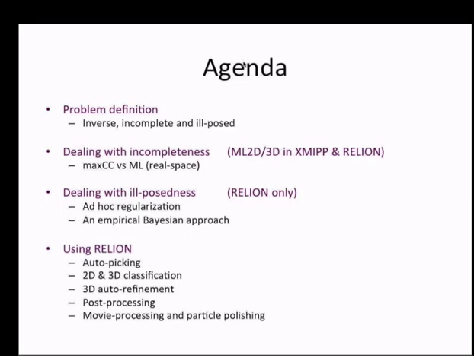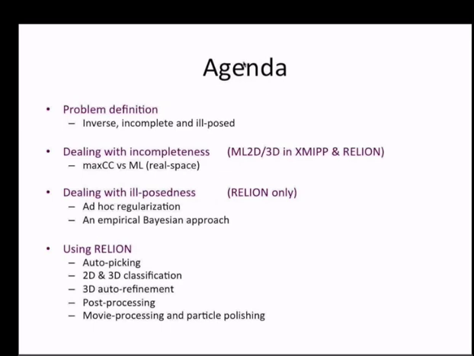I will discuss the use of Relion in the second part of my talk, but I thought I'd first describe the type of problem that we have, and then describe two aspects of that problem: its incompleteness and its ill-postedness, and how Relion deals with that, and how that's perhaps different from other approaches.